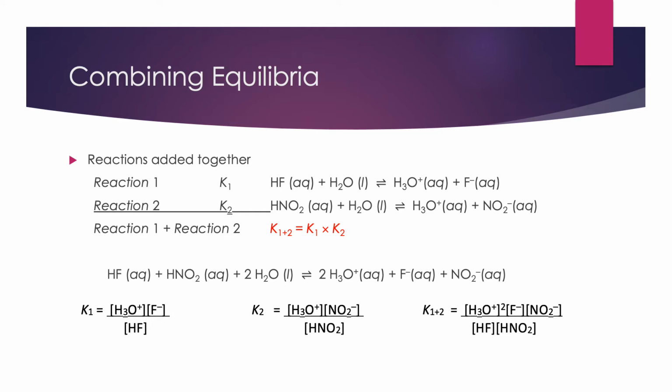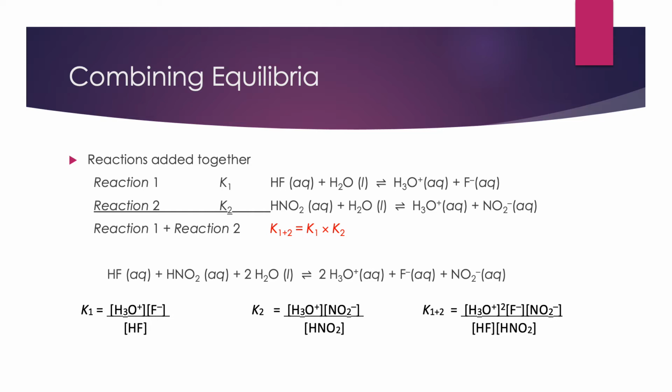Now, it turns out when we draw out the net reaction, we add the two reactions together, so that would be the long reaction shown below that. That's HF plus HNO2 plus 2 waters goes to form 2 hydronium ions plus fluoride ion plus the nitrite ion. All right, if we were to simply write the equilibrium expression for that new combined reaction, we would get the equilibrium constant that's at the lower right. But we can see how this is related to the two equilibrium constants for the reactions we added together.